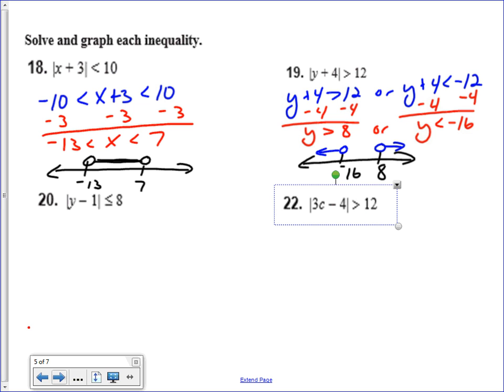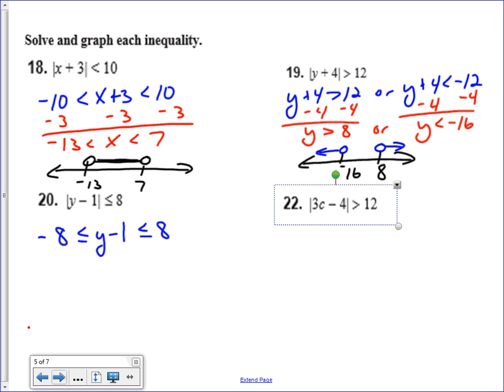Next one, I've got the absolute value of y minus 1 is less than or equal to 8. So what's that going to be? Less than or equal to, that is a sandwich. So I know I'm going to have negative 8 is less than or equal to y minus 1 is less than or equal to 8. So how do I solve that?